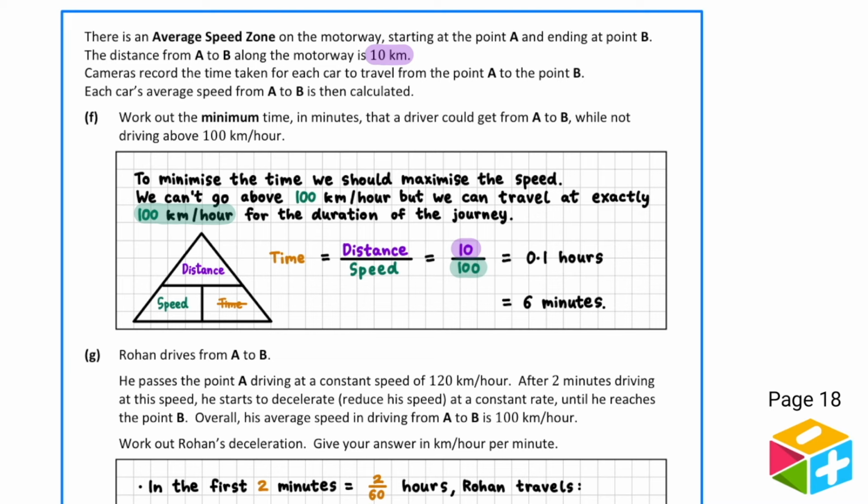So we end up with 10 over 100, which is 0.1. Since the speed was in kilometers per hour, the unit here is hours. However, the question wants the answer in minutes. To convert from hours to minutes, we simply multiply by 60. This brings us to our final answer of 6 minutes.